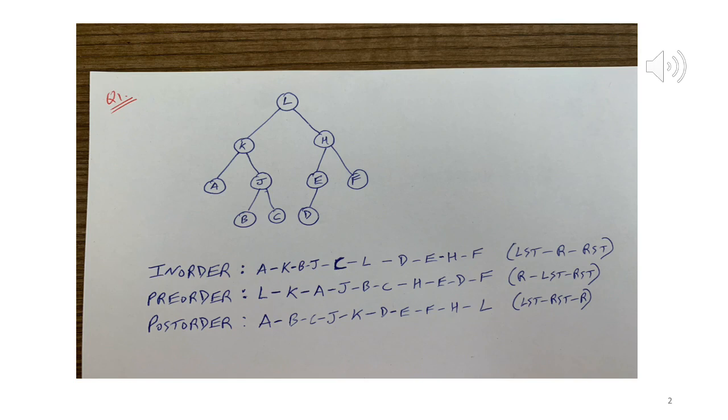And lastly, F is also a leaf node, which means it has neither a left child nor a right child. Okay. So we have what? 1, 2, 3, 4, 5, 6, 7, 8, 9, 10 nodes in the tree.